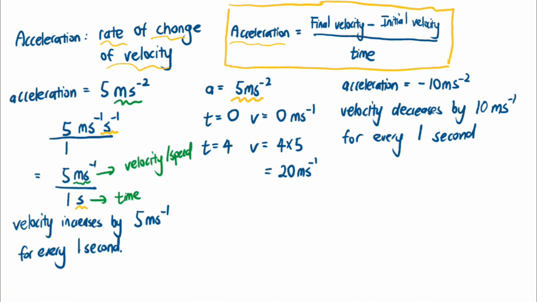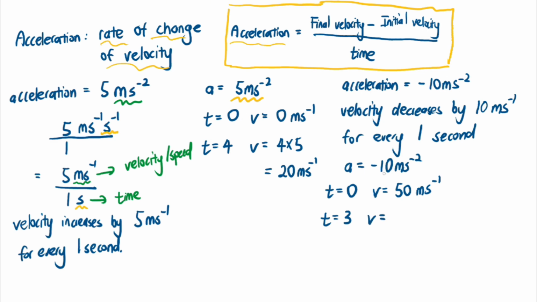Okay, so then let's use one simple example to illustrate how this could be useful. Say we have a car with an acceleration of minus 10 meters per second squared, and its initial velocity, that means when time equals 0, is maybe 50 meters per second. Then we'd like to know after 3 seconds what's the velocity of the car.